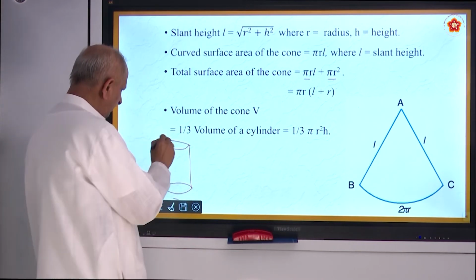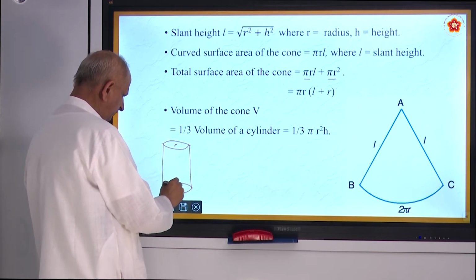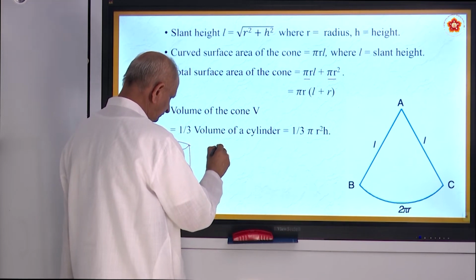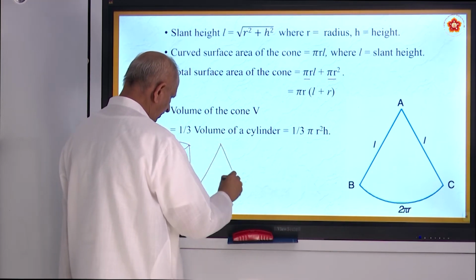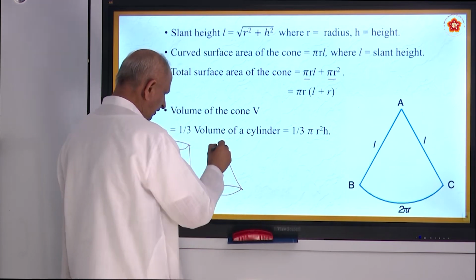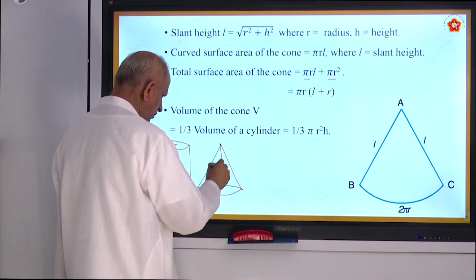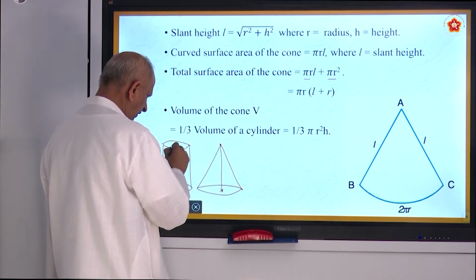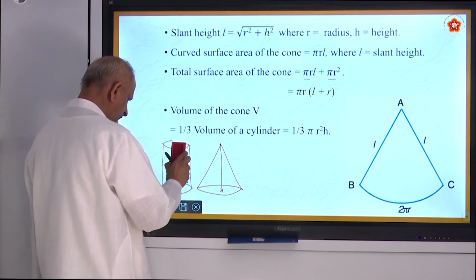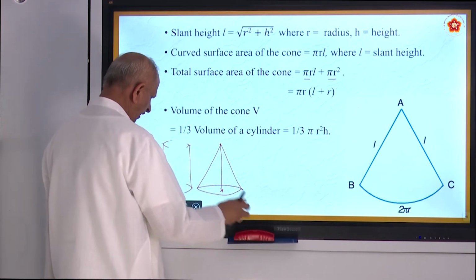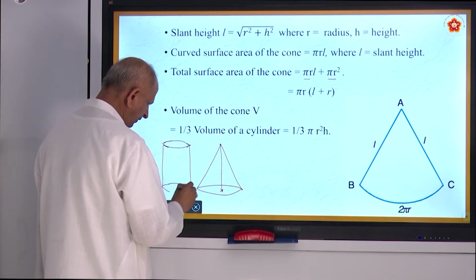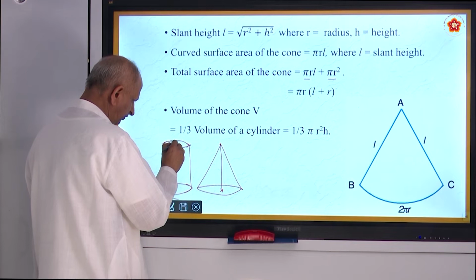Say one radius you take, say 3 centimeters or 5 centimeters. Then take one cone of the same radius and same height. Height of the cone and height of the cylinder must be same, and radius also must be same.